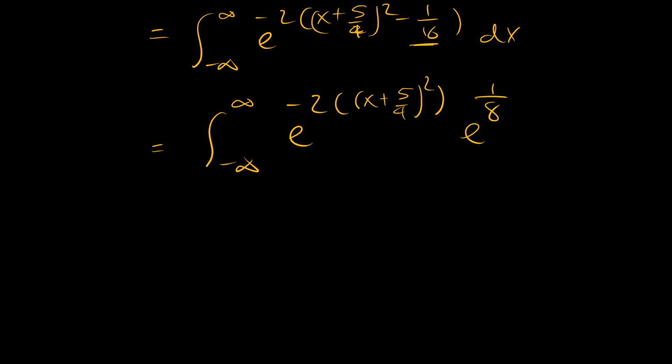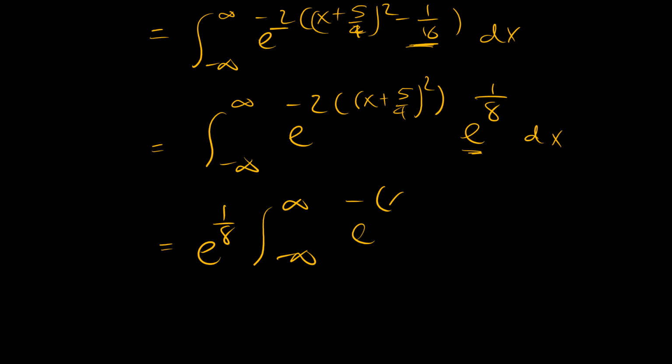And this has come from us multiplying negative 2 times negative 1 over 16. We can pull this out so that we have e to the power 1 over 8 times the integral from negative infinity to infinity. Okay, so our problem is actually evolving pretty well.